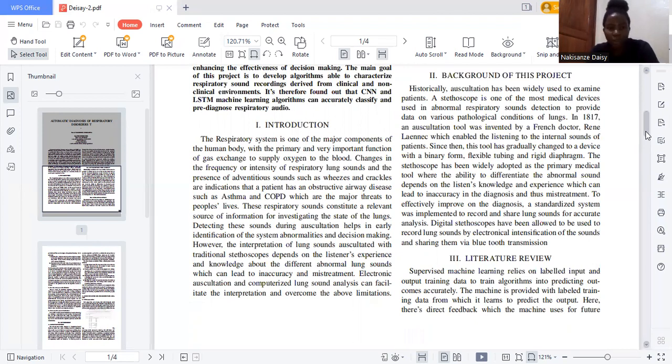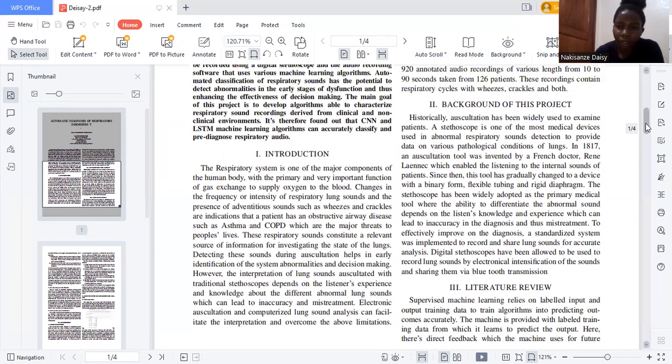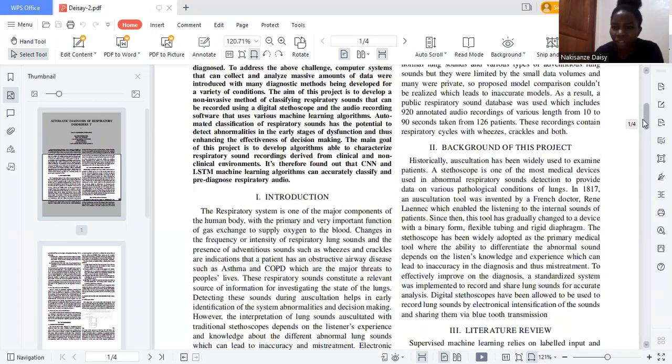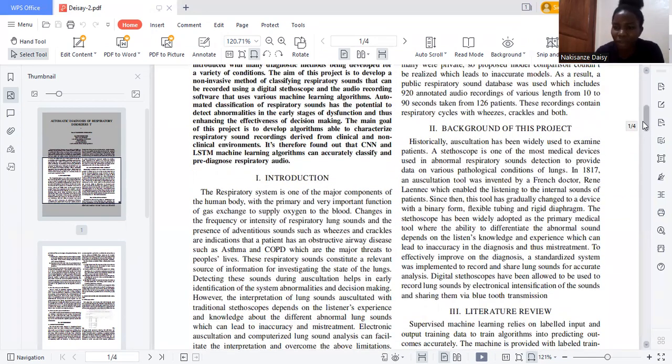So I came up with this project to overcome the problem of respiratory diseases. Also in this paper, we have the background of the project, which I discussed earlier in my presentation.